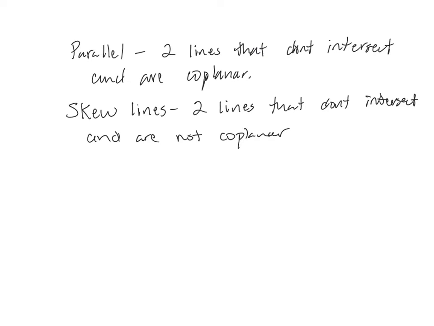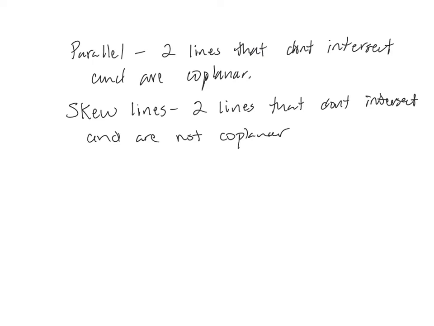So it's much easier if you visualize whatever room you're in, the floor and the ceiling are parallel. They don't touch. So if you drew a line across the wall from right to left, and then you drew another one across the wall right to left but lower or higher, they're in the same wall or they're in the same plane.